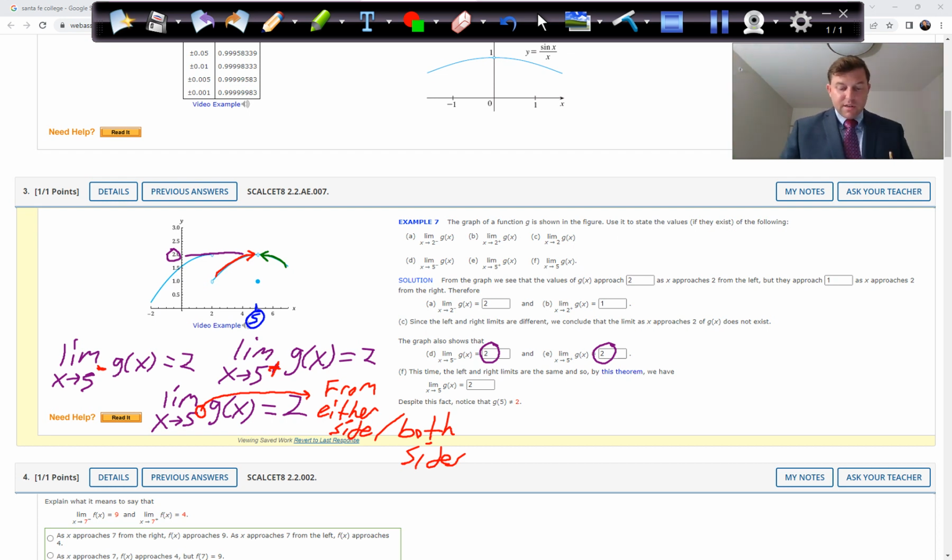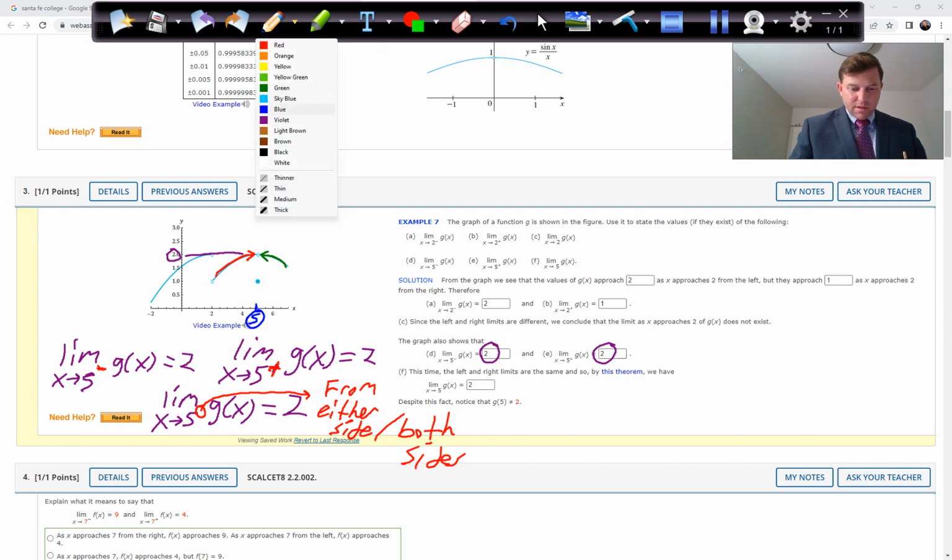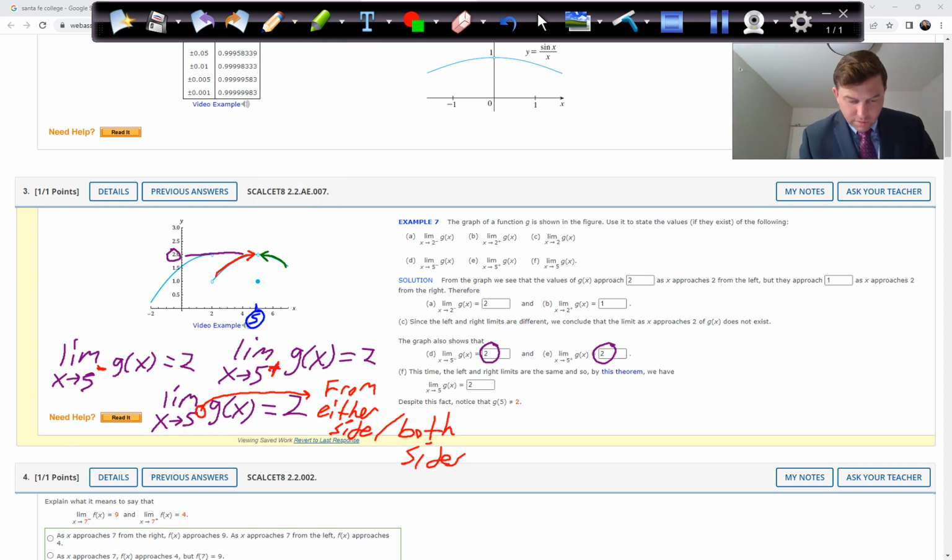But notice the limit exists, but the function does not exist. The function is not defined at x equal to 5 at that hole. So what they do is they put in a filler hole right here. So they say, okay, the limit from both sides is 2, but the actual function is equal to 1.